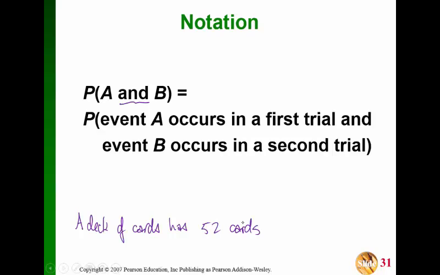Let's talk about an event. Let's say A equals, out of the deck of cards you draw a card, and A is that you draw an ace. By that you mean you pick a card, and the card that you get is an ace. And then let's say B is when you pick a card and you draw a heart.